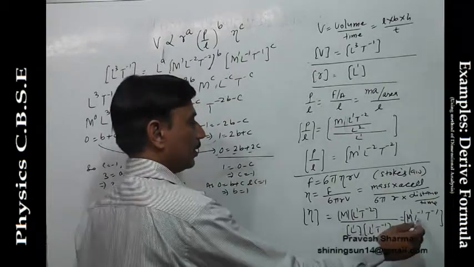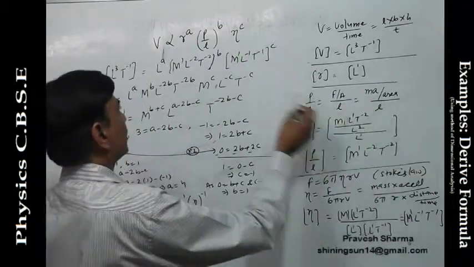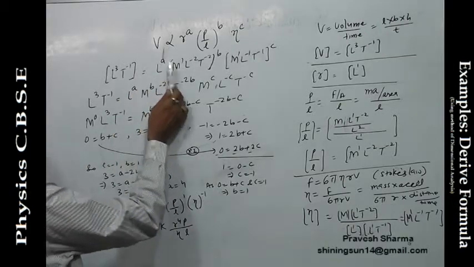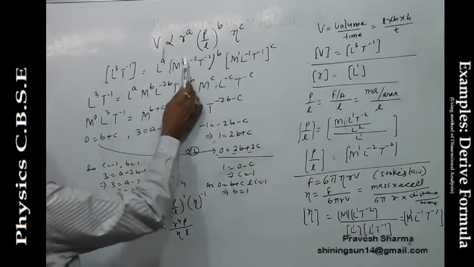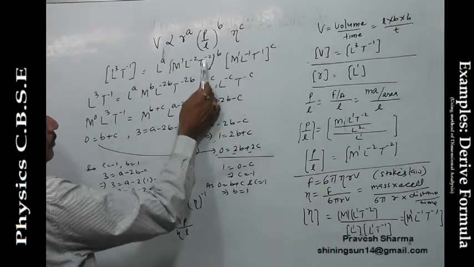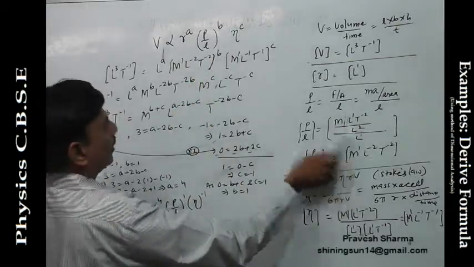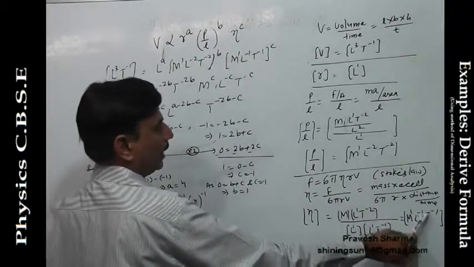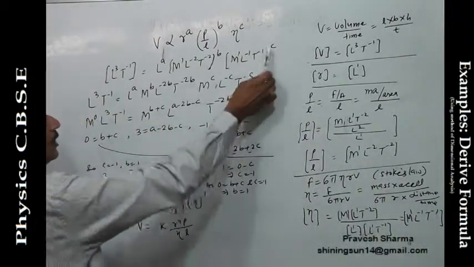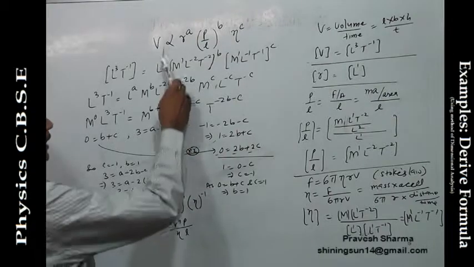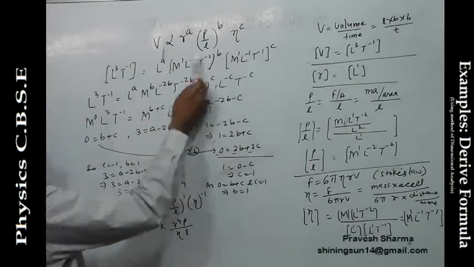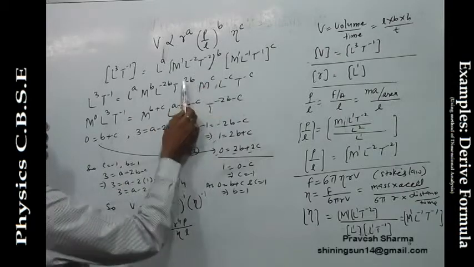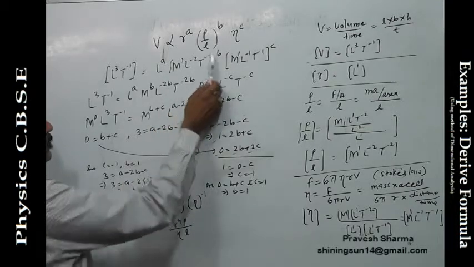As usual, our next step is to put these dimensional formulas in this equation. So L3 T minus 1 equals L to the a, write the dimensional formula M1 L minus 2 T minus 2 for P by L, raised to b, and coefficient of viscosity M1 L minus 1 T minus 1, raised to c. Now you open the brackets. L to the a, M to the b, L to the minus 2b, T to the minus 2b.